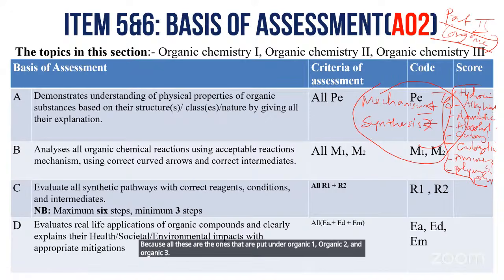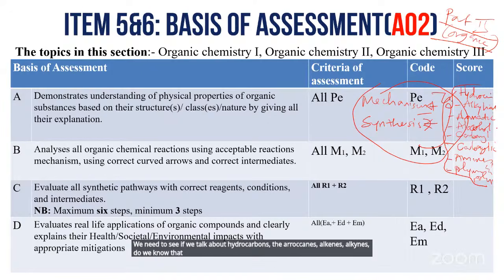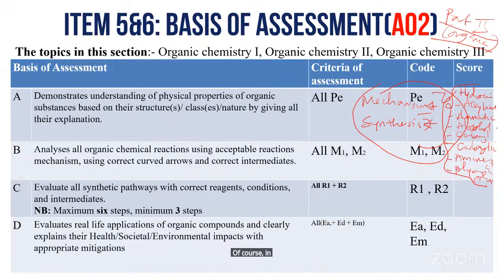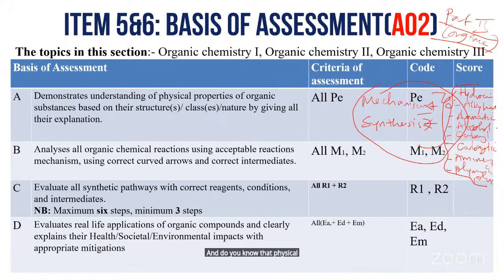Now, as we look at how best we can perform very well in organic chemistry or section B part 2, we need to see, if you talk about hydrocarbons, the alkanes, alkenes, alkynes, do we know the chemical properties of these substances? Of course, in chemical properties, that's why we see the reactions and the mechanisms. And do you know the physical properties of each and every organic compound?